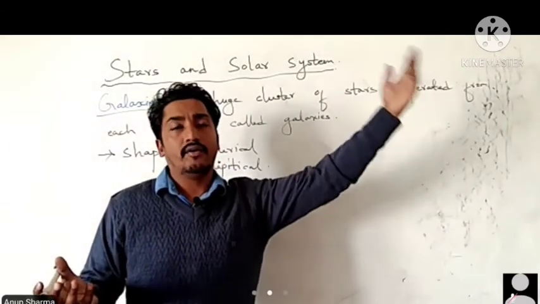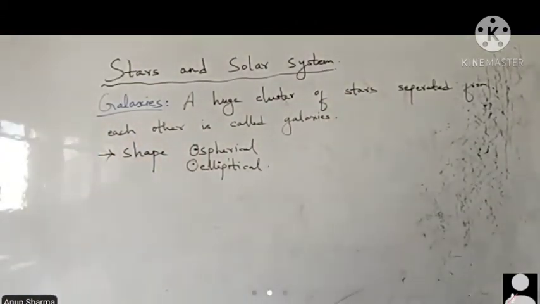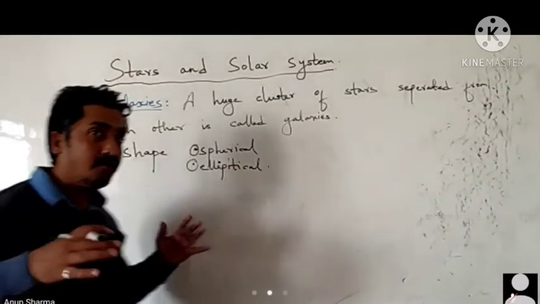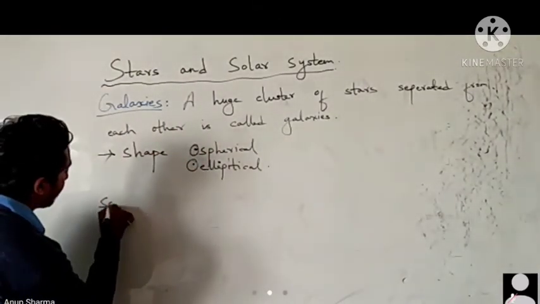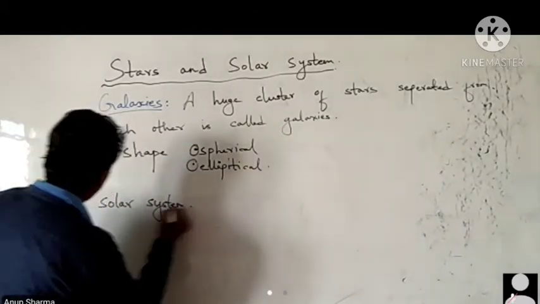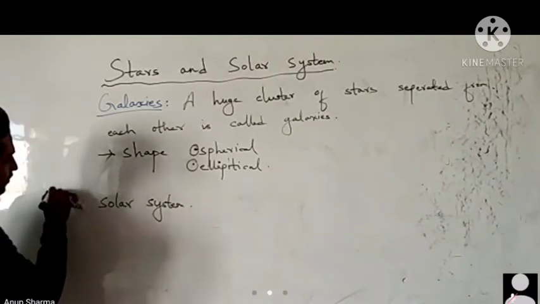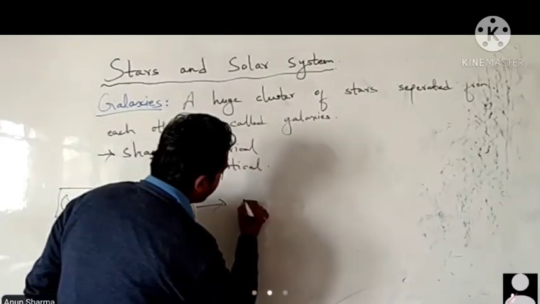As it is very far away from us, we can't see it happen in our daily routine. Our Earth and the Sun belong to one galaxy, that means our solar system. Our solar system belongs to the galaxy named Milky Way.